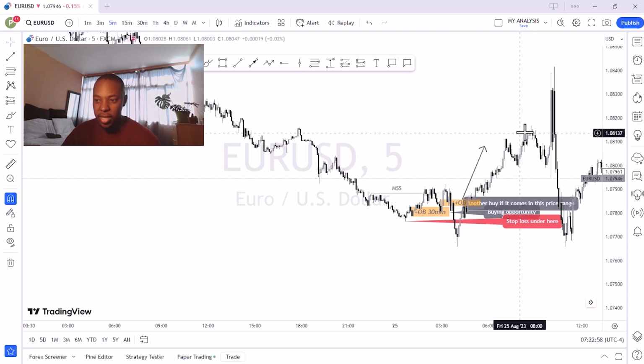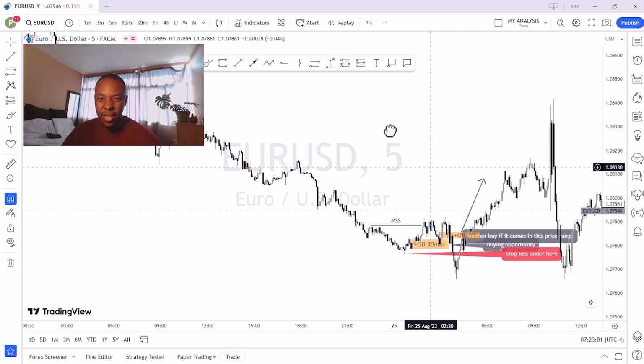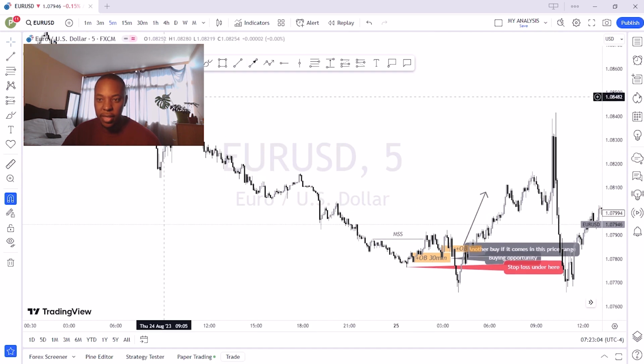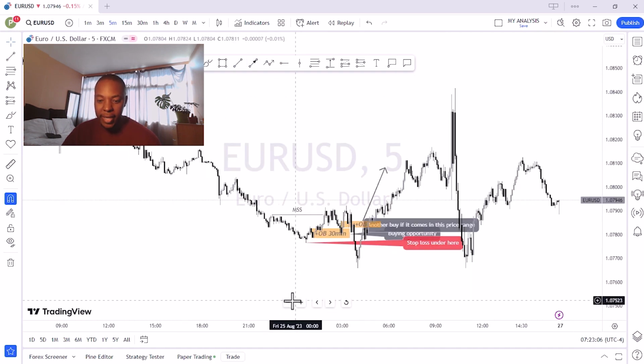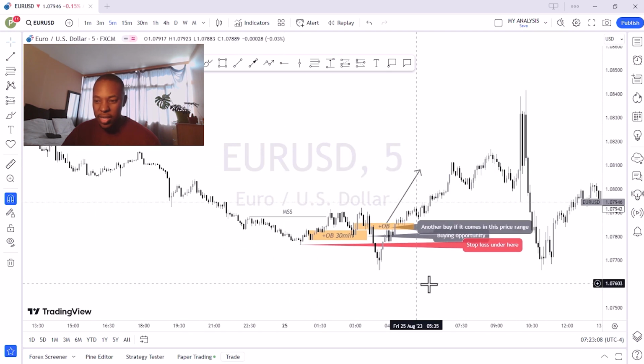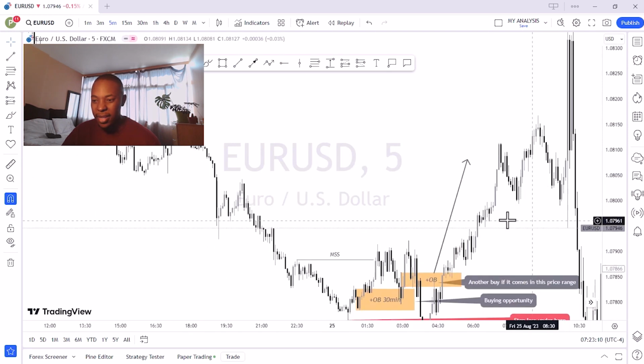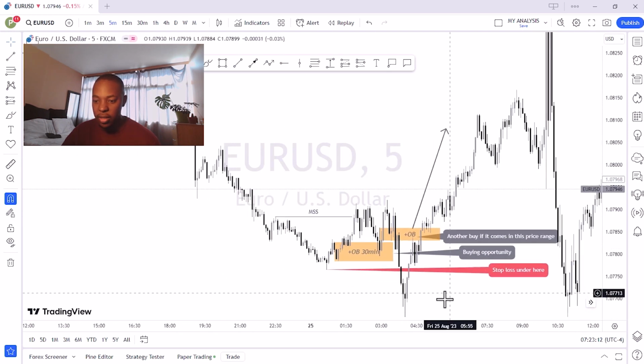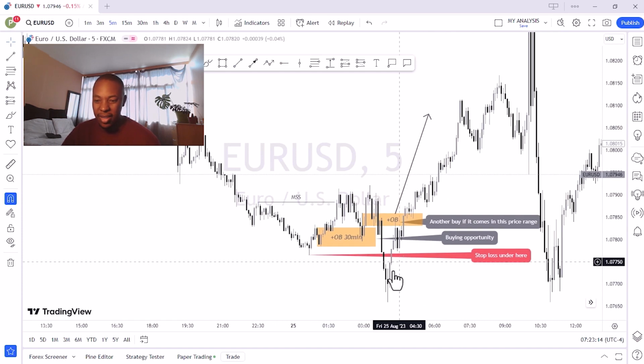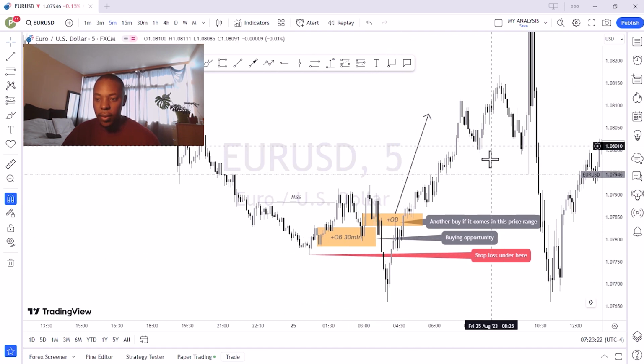When the news came, it tried to go for this one, but it didn't really reach there. But I was out of the trade when all this upside movement happened. So that was the first trade and the first losing trade that I took on Friday. I was taken out by this movement here, and then it played our way.